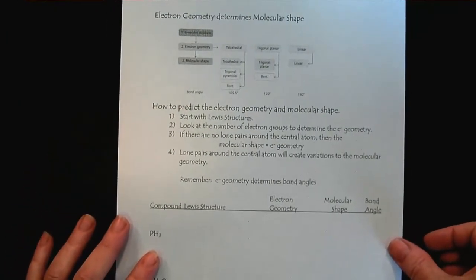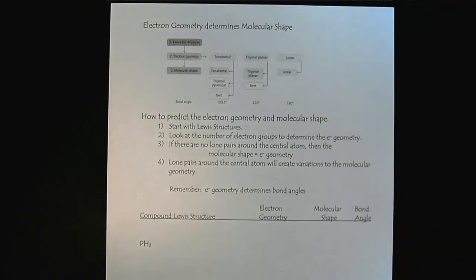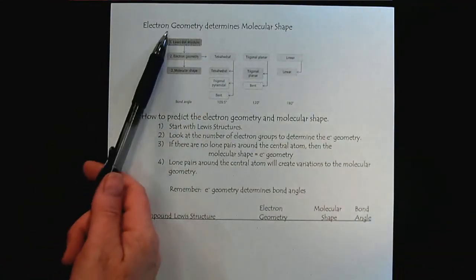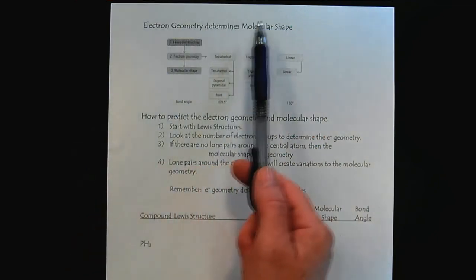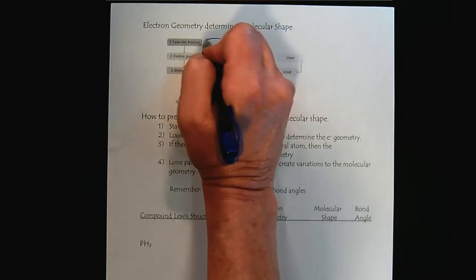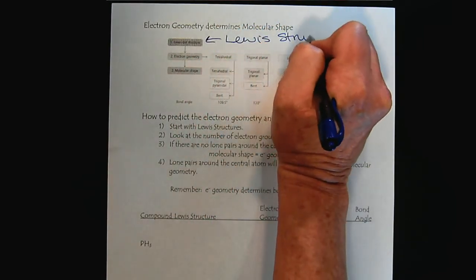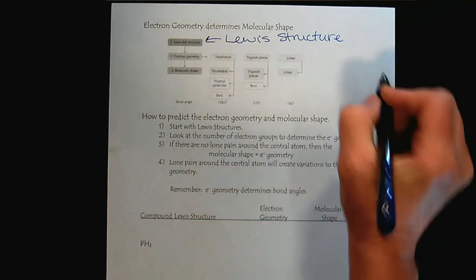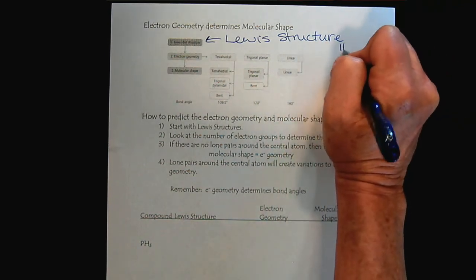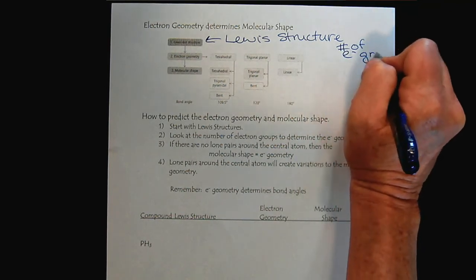Okay, so the overall strategy is that the electron geometry is going to determine the molecular shape. So the first thing we have to do is draw the Lewis structure. This is how we know the number of electron groups.